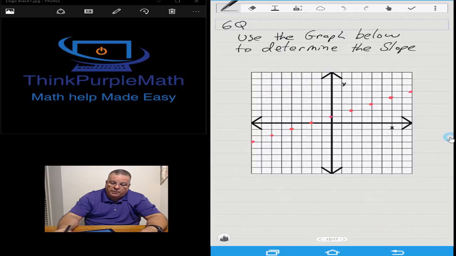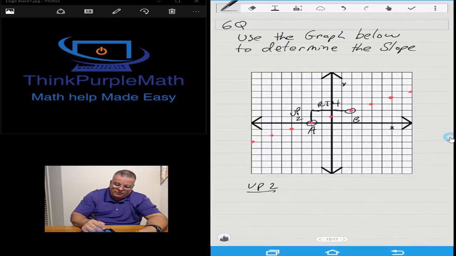Okay, we'll do another one similar, and this time I'm going to call this point here point A, and I'll circle that one, and I'm going to pick maybe this point here, call it point B. I could have used the closest one, but in this case I'm going to go up 2 and right 4. So there's my up 2, and there's my right 4.